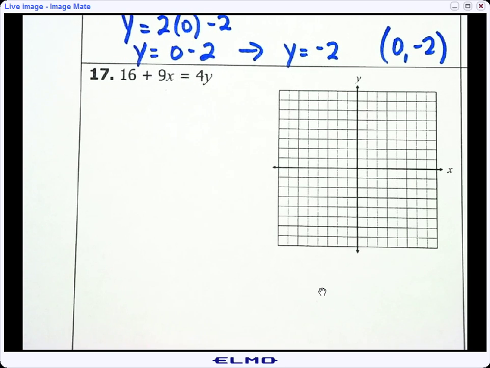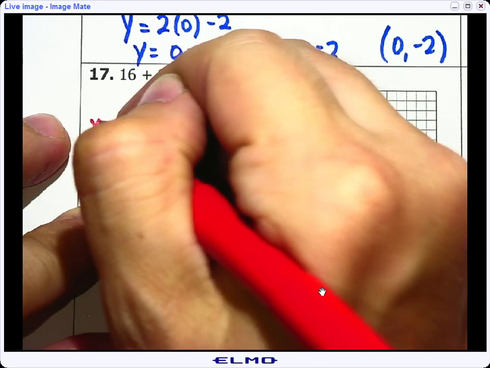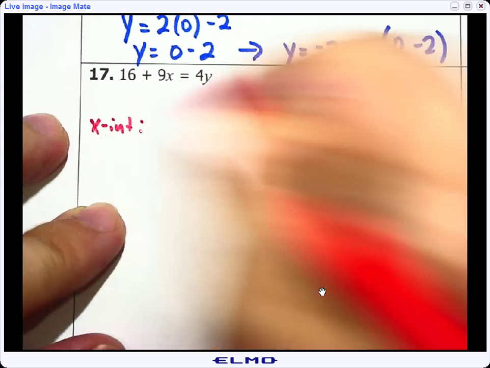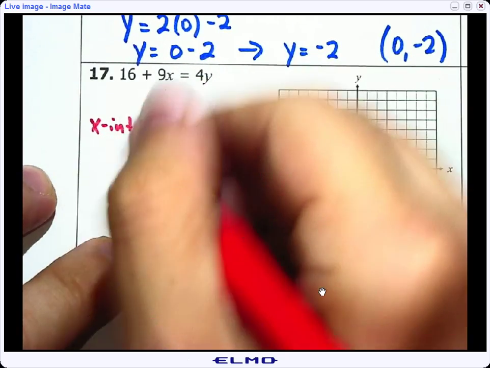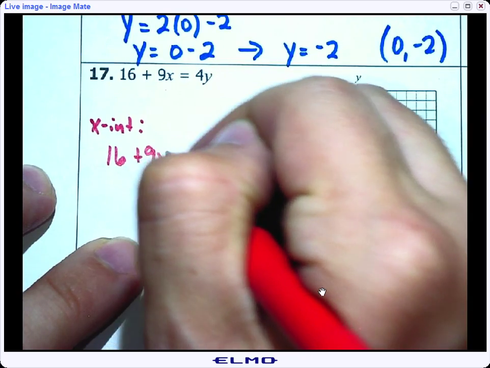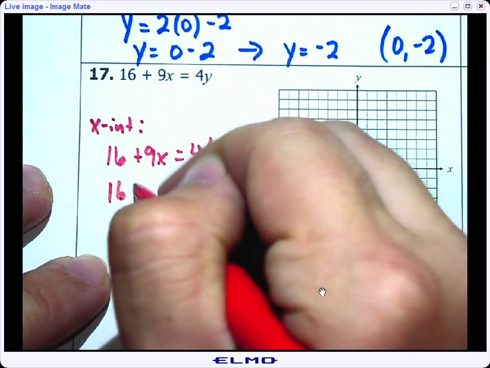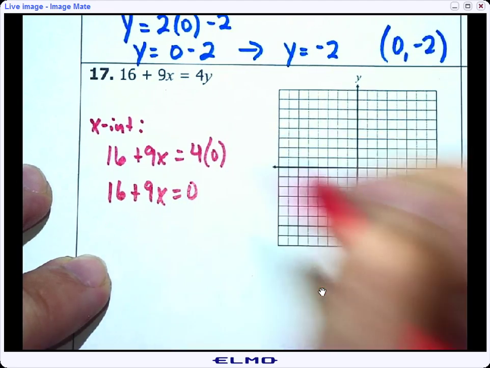All right, number 17. Let's see here. Find the x-intercept first. So again, set the y equal to 0. This is going to turn into 16 plus 9x equals 4 times 0, which is just 16 plus 9x equals 0.